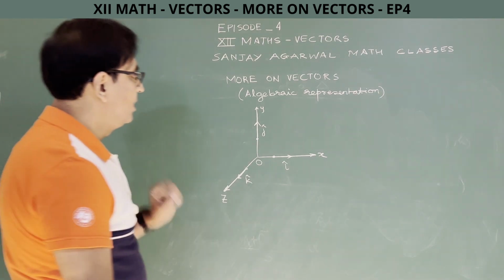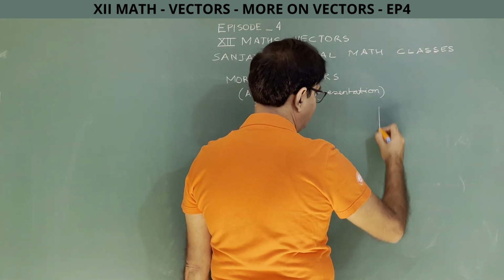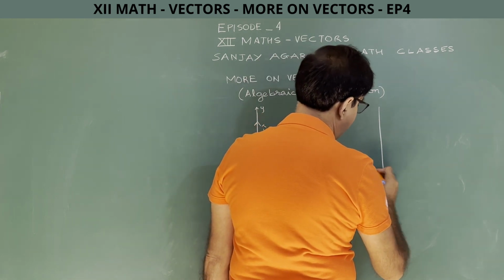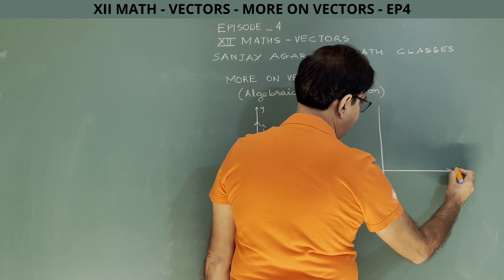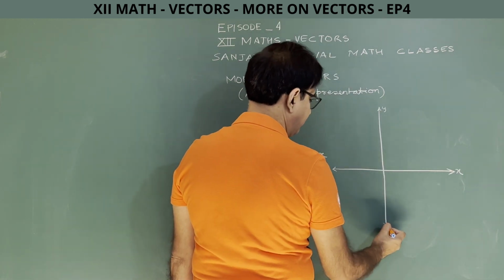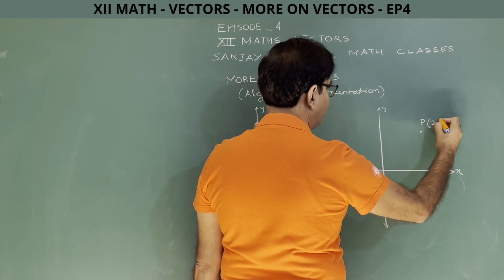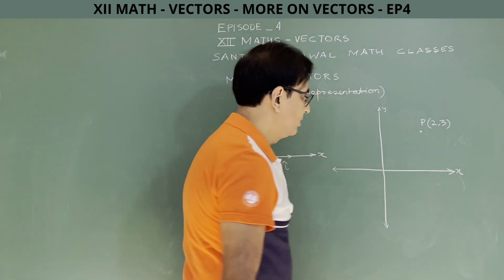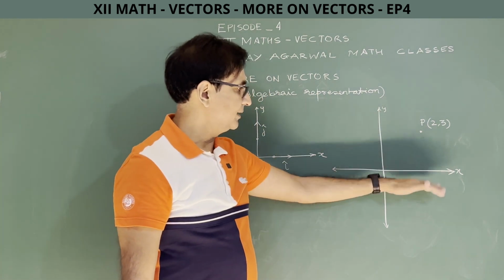All right. Now, what is a position vector of a point? Okay. Let me take a 2-dimensional diagram, and that can be eventually used for 3-dimensional also. All right. Suppose I have a point here P, and the coordinates of the point is 2, 3. I am making a 2-dimensional diagram, first say x and y axis only.